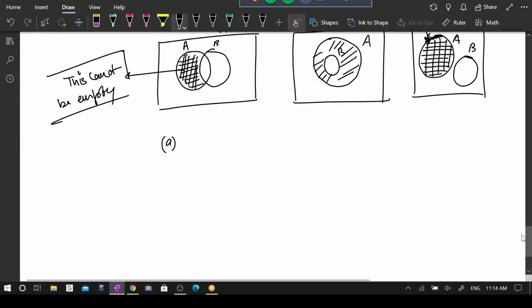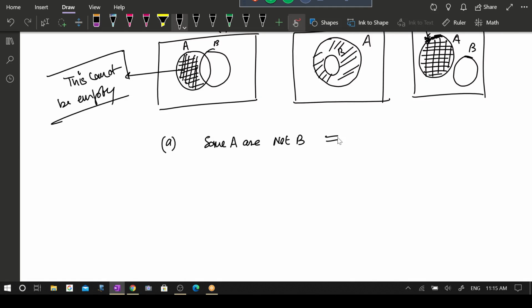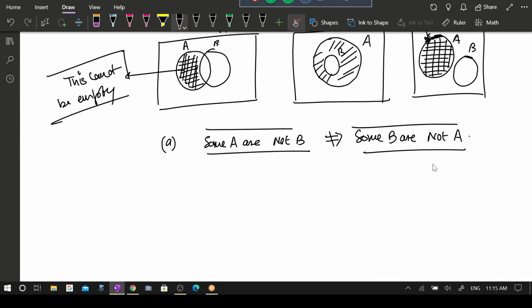Now let's talk about meaning. Can I say, listen, some A are not B does not infer some B are not A. It does not mean some B are not A. Just try some B are not A in diagrams and you would realize Rishi sir is right.